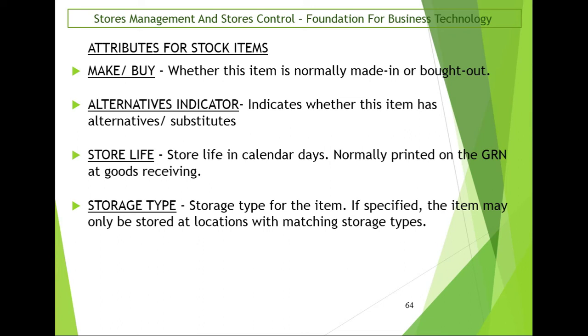Your shelf life for the item must indicate how many days this item can be kept on the shelf before it spoils. Then we have got the storage type. We indicated earlier on when we were talking about bin control that each location specifies the storage type. So when you create the single item, you specify its storage type so that it can be matched to a bin location with the same storage type.